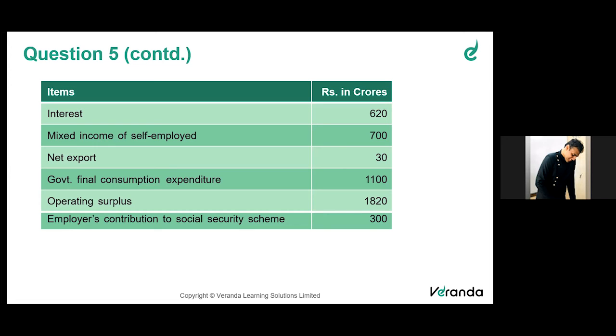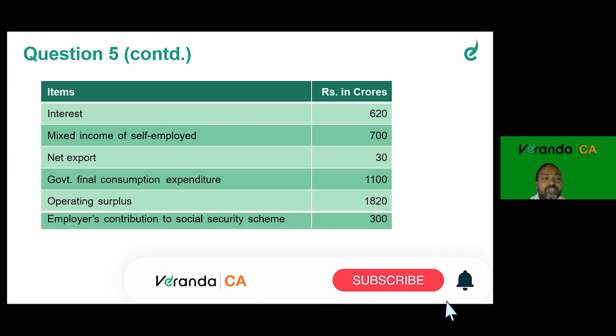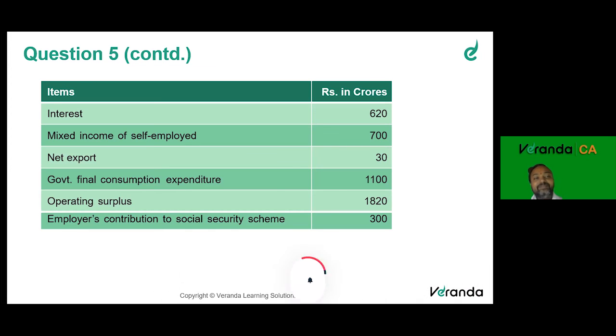Next comes net exports. Net exports is 30 crores here. Do we have to consider that in the expenditure or in the income? It is actually an income, but we have to eliminate that from the GDP.